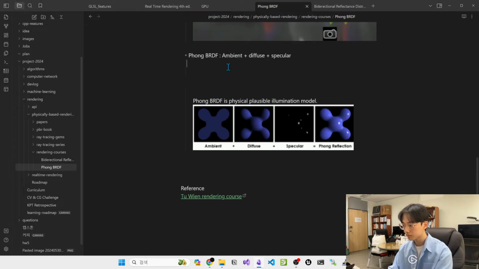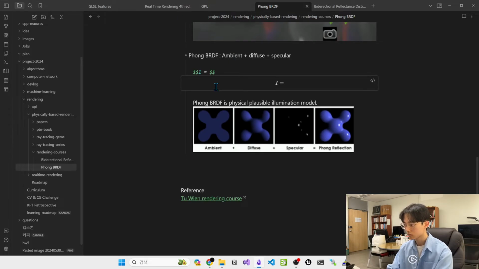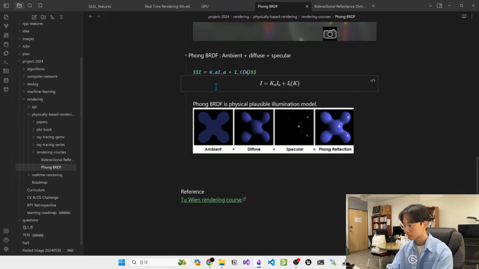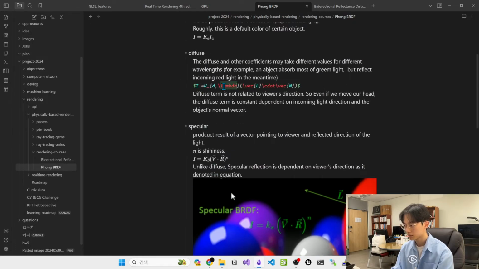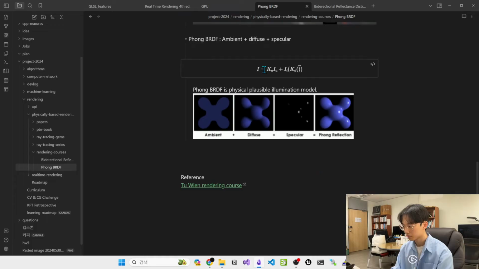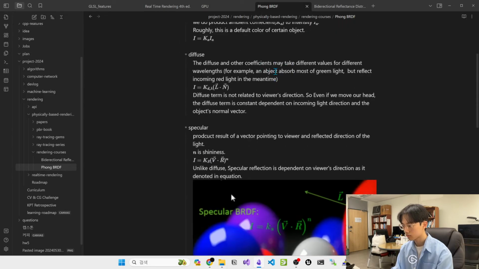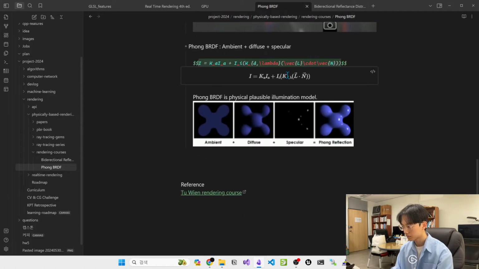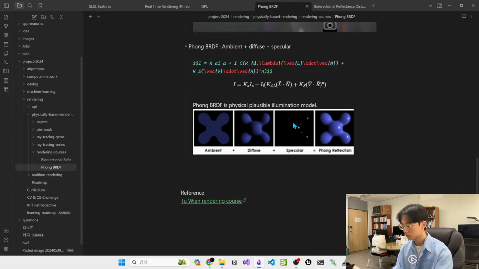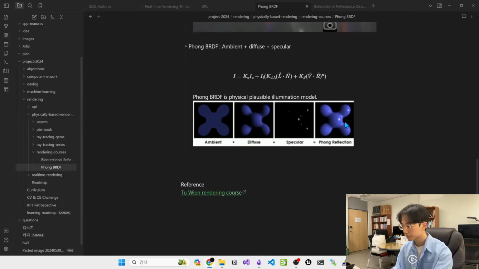Now, what is in there? Most of this is familiar.